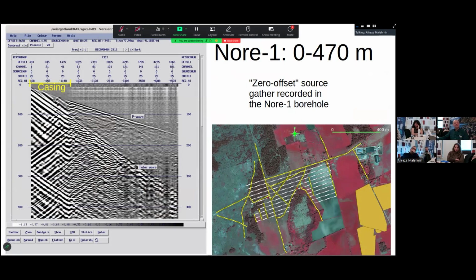So this pattern that we see here is due to recording within the casing on the fiber optic cable. And once we get below the casing, we get a different character of response when we're in the open hole. We do see a nice clear P wave first arrival on this section, and we also see the strong tube waves coming down here. Some signs of an upgoing and downgoing tube wave being generated at this point here.